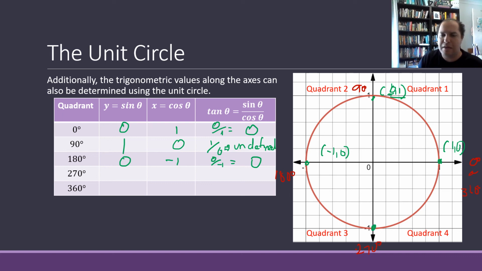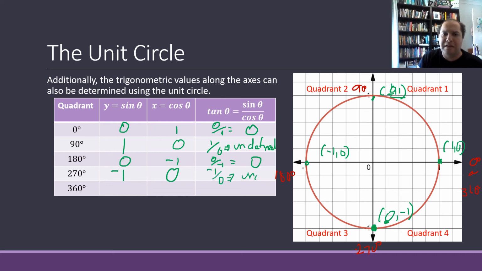270, that's 0, -1. So our sine value of 270 is -1, all the way at the bottom there, because that's our y value. Our x value is 0. So cos of 270 is 0. Tan will be -1 over 0.